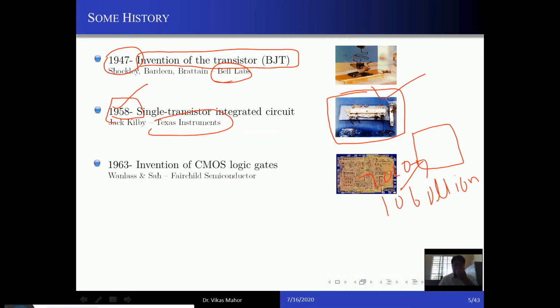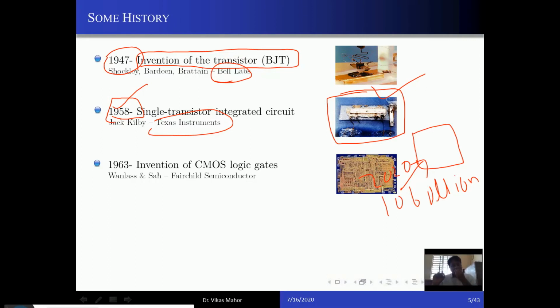Then let's move forward. In 1963, the first CMOS based logic gate was invented. Fine. So even in this syllabus we'll focus on CMOS rather than BJT, because only CMOS is used for fabricating or designing your integrated circuit. This is very important. Fine.